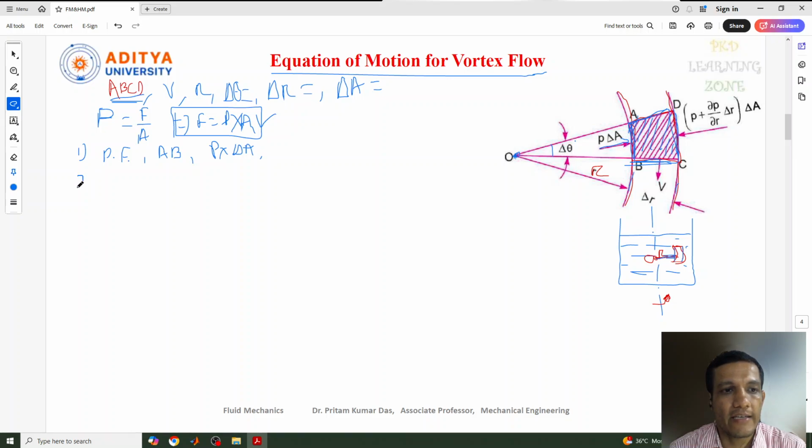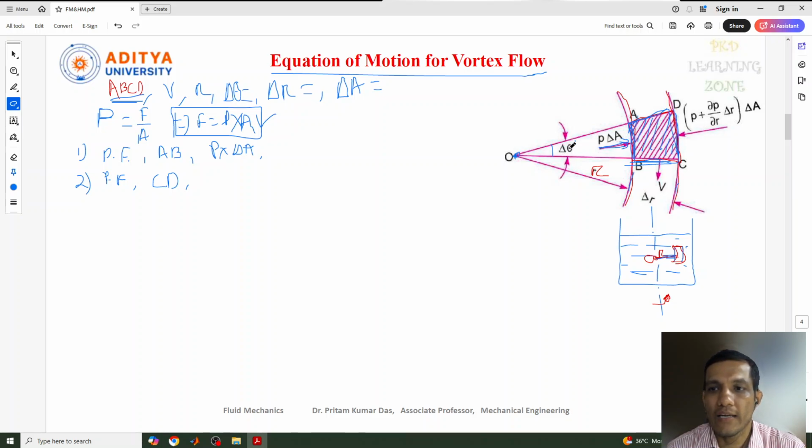Second, we can consider similarly the pressure force acting on the opposite side of AB, that is the CD side. At CD, the pressure which is already acting, along with that some more pressure will exist in this zone of the fluid.